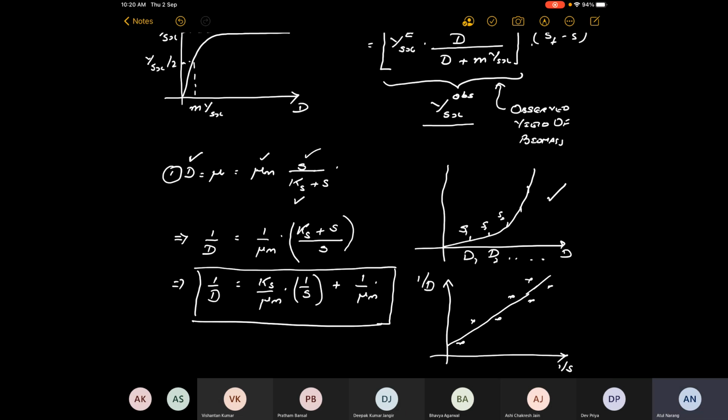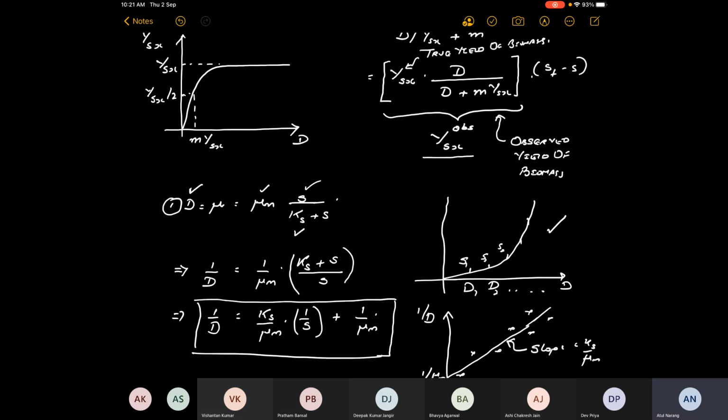This graph allows you to find the values of Ks and mu m, because its slope is equal to Ks divided by mu m and its y-intercept is 1 over mu m. There are many problems in the homework I'll be giving you today of this kind, finding the values of the parameters. So far, so good? You follow what I said? Yes, sir. It makes sense.